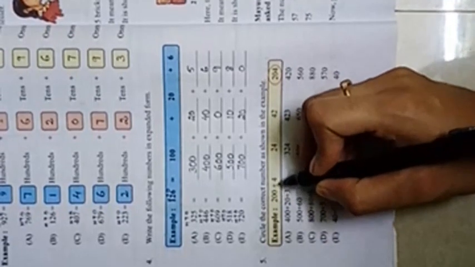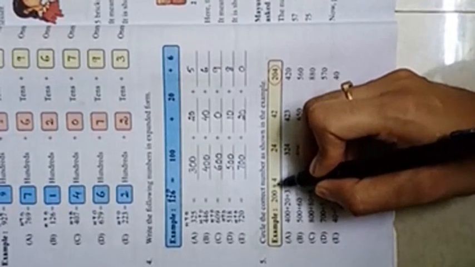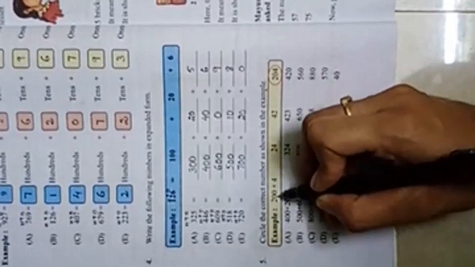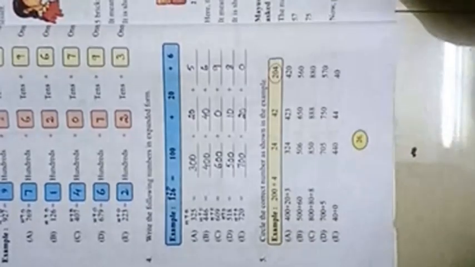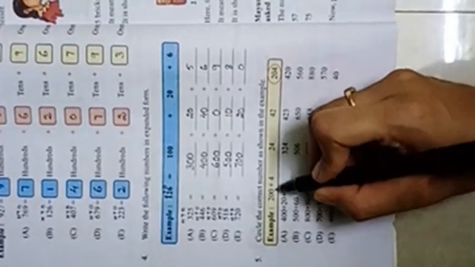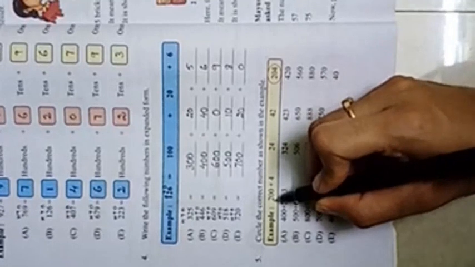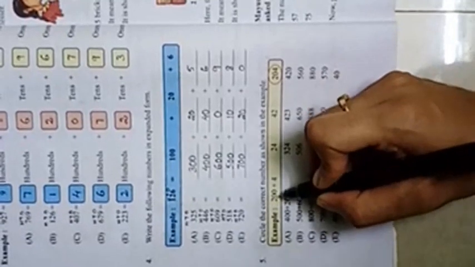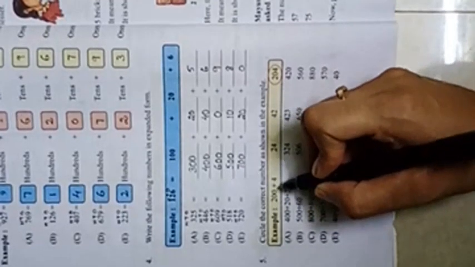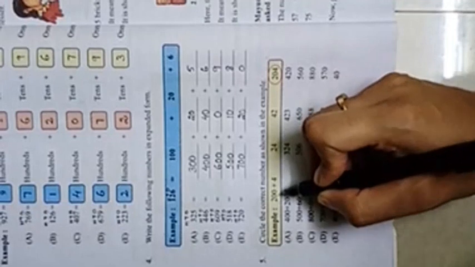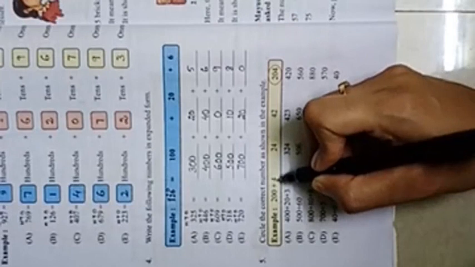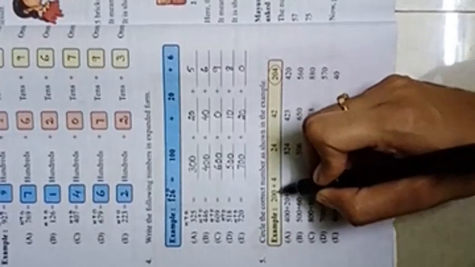Here we don't have any tens place number. If a tens place number is given, it will settle in the tens place. But here there is none. So whenever you add a 3-digit number with a single digit number, the ones place number will settle in the ones place itself. So when this 4 is added to 200, this 4 will settle here in the ones place.